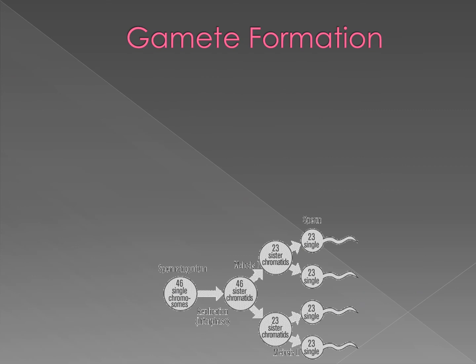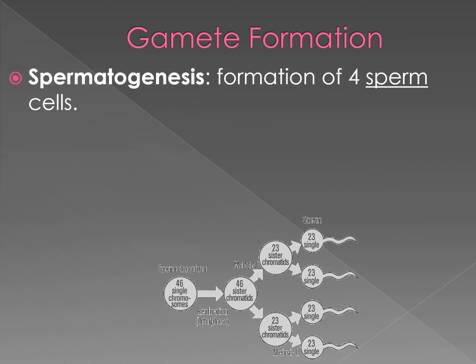So our gamete formation. Spermatogenesis is where the guys are able to get the 4 sperm. As you see here, it breaks down for every male that goes through this, and y'all actually go through this every day. Women, we stop making this. We go through this while we're developing in our mother's womb, so we can no longer make any more eggs.